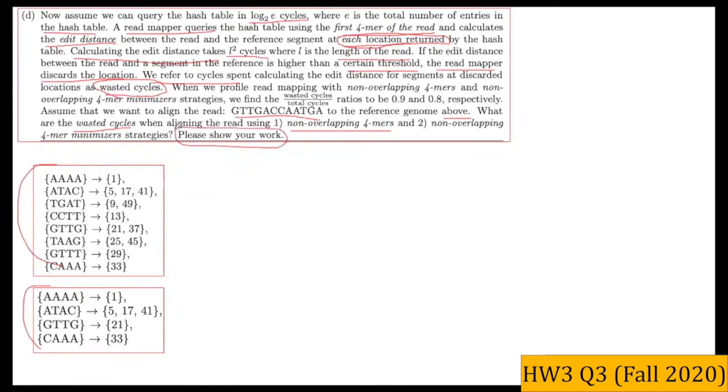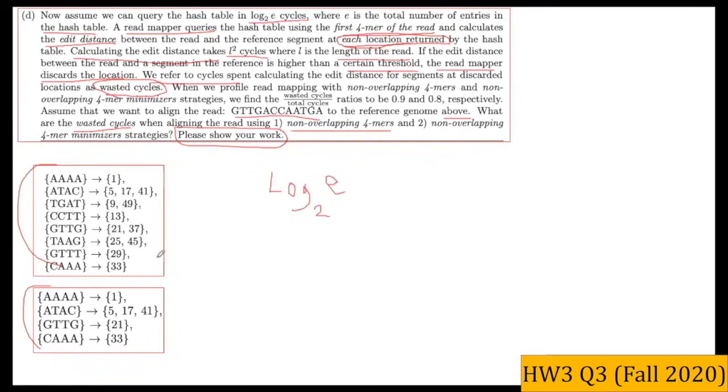Okay, so in short, whenever you perform read mapping, the number of cycles are as follows. So the first thing, you have a read sequence, you extract the first 4 characters, you send them to the hash table and try to query them. Now, querying the hash table itself will require log base 2 of E. This is only for querying the hash table.